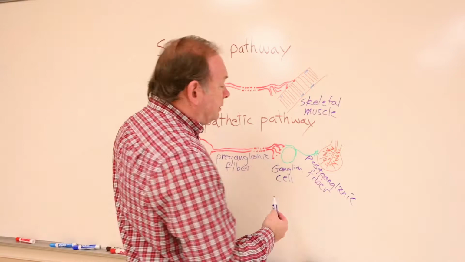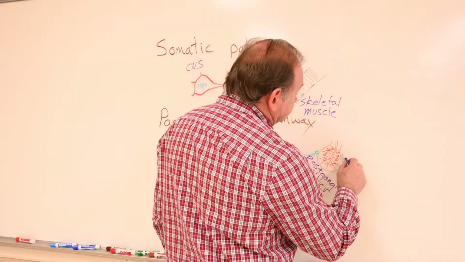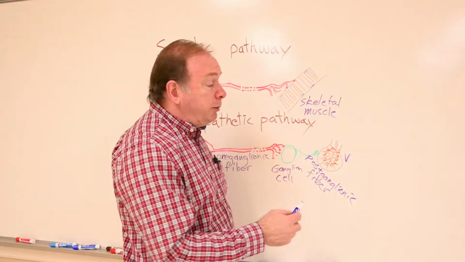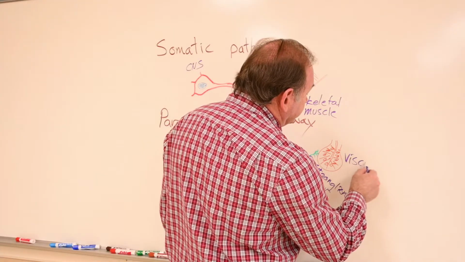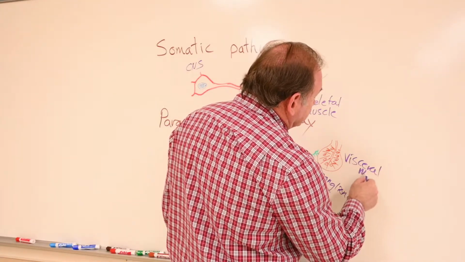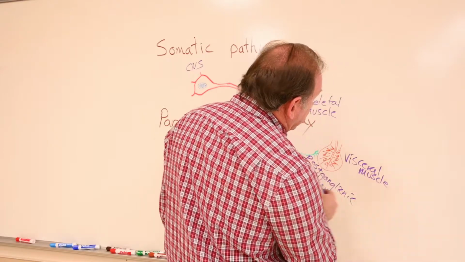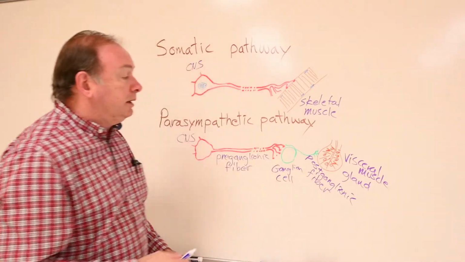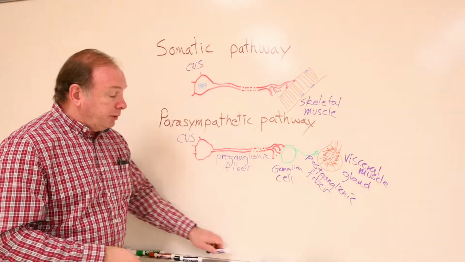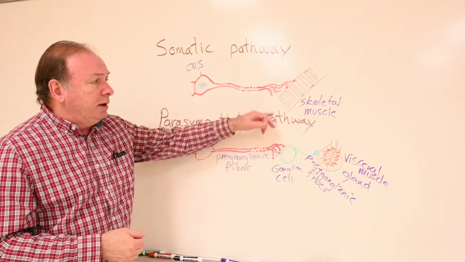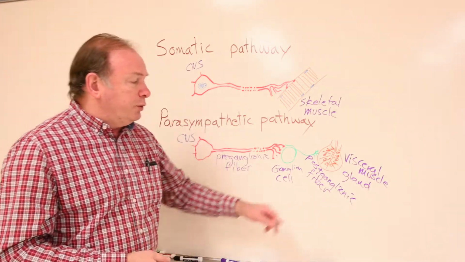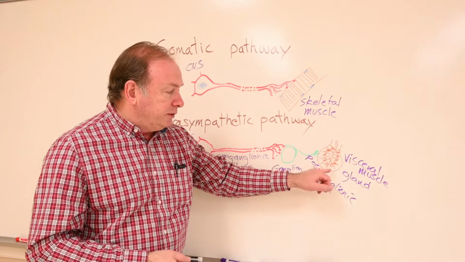And it will typically not be skeletal muscle that it's affecting, but it's going to be visceral muscle, or a gland. In this case, we have a gland in our picture. Visceral muscle simply refers to any non-voluntary muscle. So your heart muscle and your smooth muscle in the body would be considered visceral muscle.